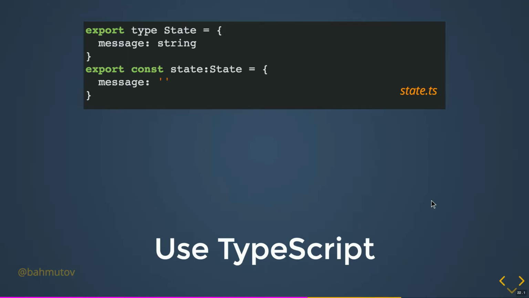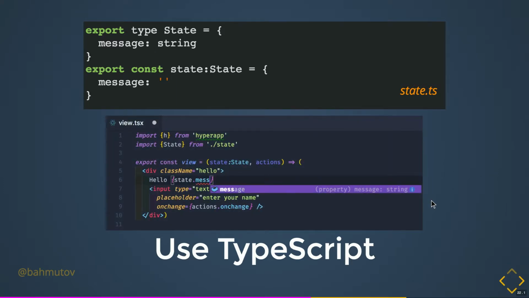So in this case, I'll declare a type of State. It will have only one property, message, of type string. And so my state for my Hyperapp will have the type State. And so when I'm writing my JSX, which is now called TSX because it's TypeScript, whenever I type hello state, it will actually give me IntelliSense, which is a beautiful thing.